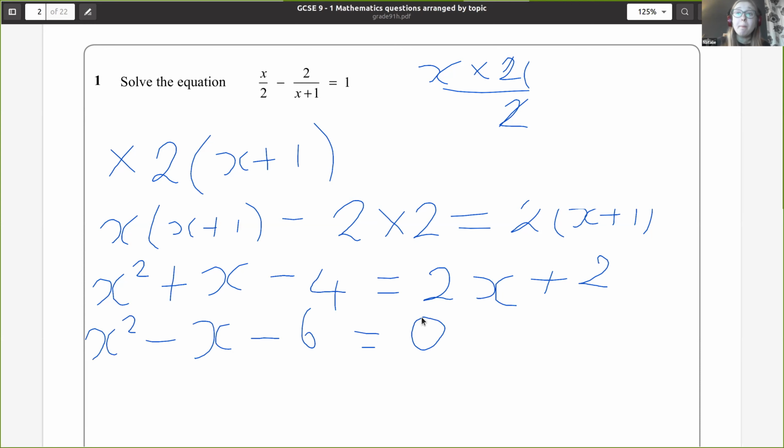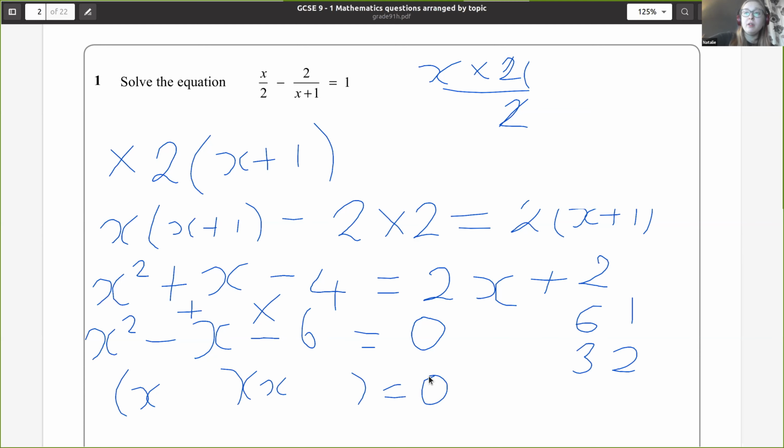Now I need two numbers that times together to make minus 6 and add together to make minus 1. Well, 6 is either going to be 6 and 1 or 3 and 2. 3 and 2, that might work. So I've got x and x is equal to 0.